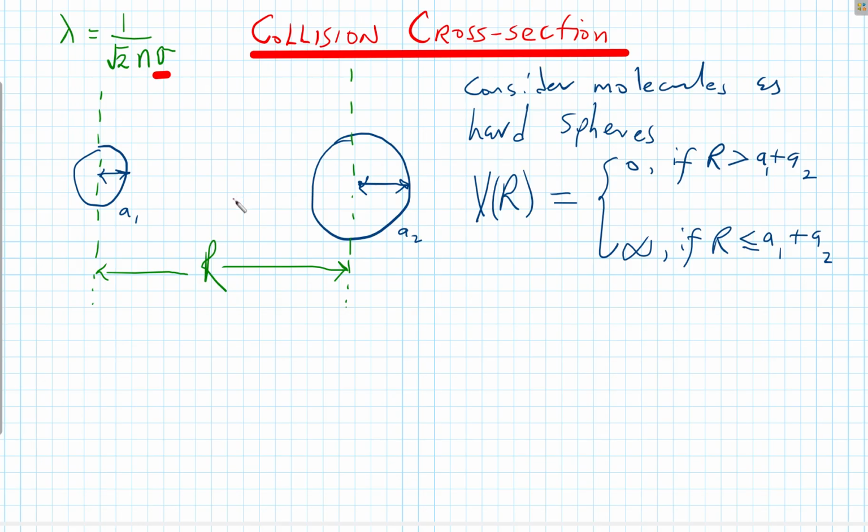The minimal value which R can take is actually A1 plus A2, because we're considering the molecules to be hard spheres. It means we cannot break or smash molecule A1 into molecule A2, right? And that's the meaning of this hard sphere potential.